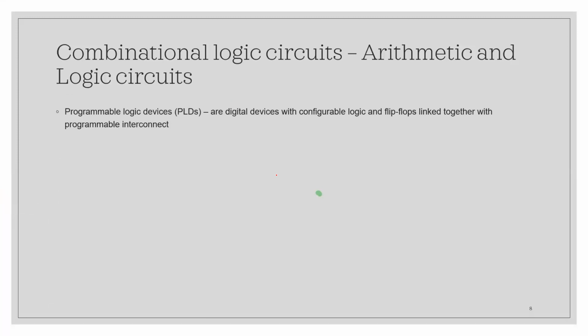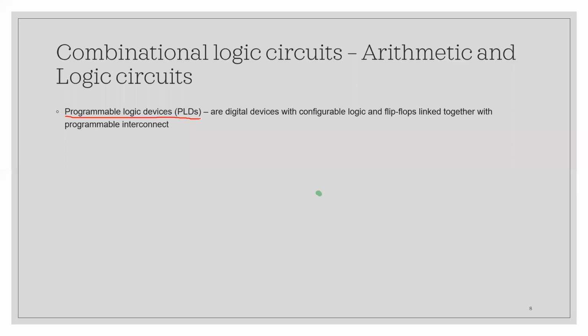So the next one which comes is combinational logic circuits, which are arithmetic and logic circuits. Under that we have something called PLDs. The full form of PLD is programmable logic devices. There are some devices which you can program, and I think a few of you have already gone through them.